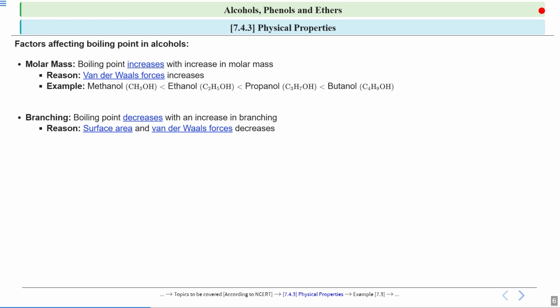If the carbon chain is straight, the surface area will be more. But if there is branching in that carbon chain, the surface area will be less. If the surface area is less, then the van der Waals force will decrease. If the van der Waals force is decreasing, the boiling point will be less, because you have to provide less energy for the molecules to separate out.